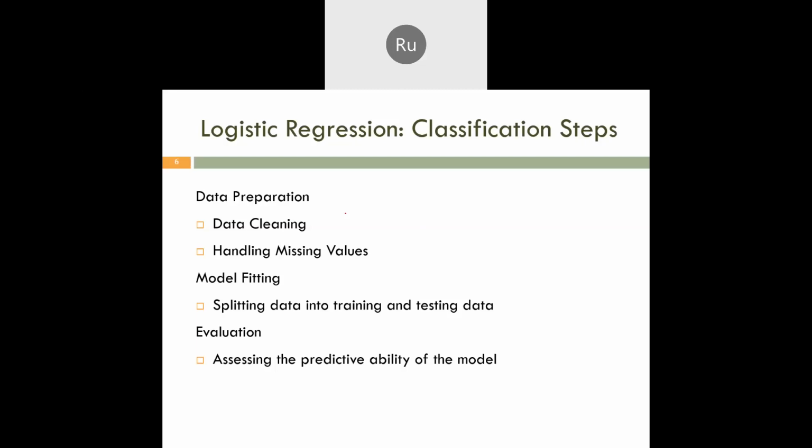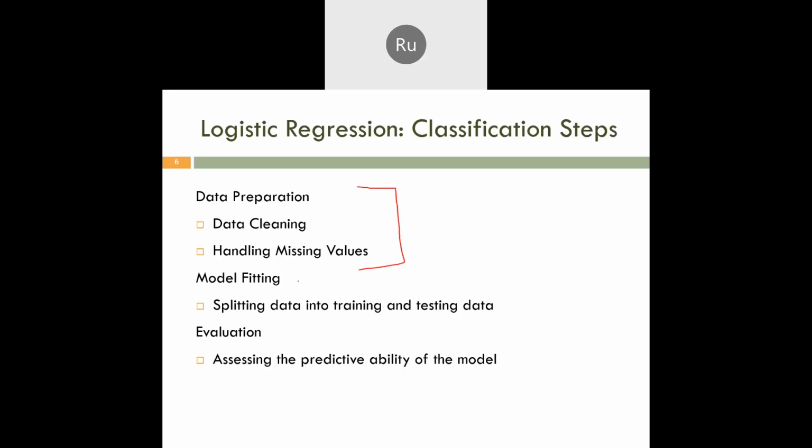Before that, we will look at the processes involved in classification. I think we have covered this previously, but the first thing we need to do is data preparation, which involves data cleaning or handling missing values.